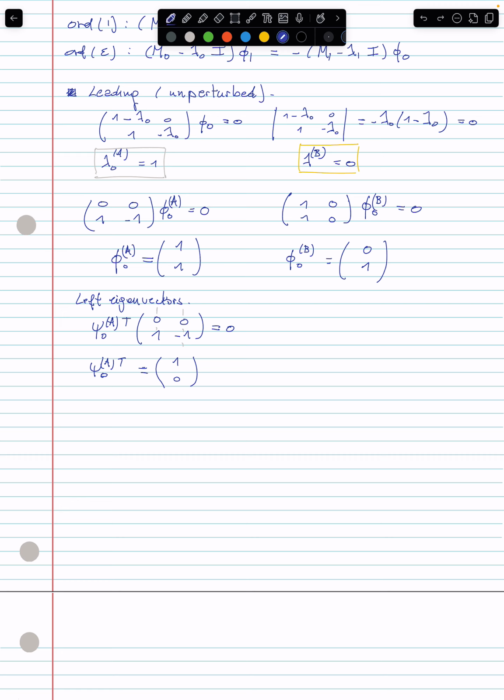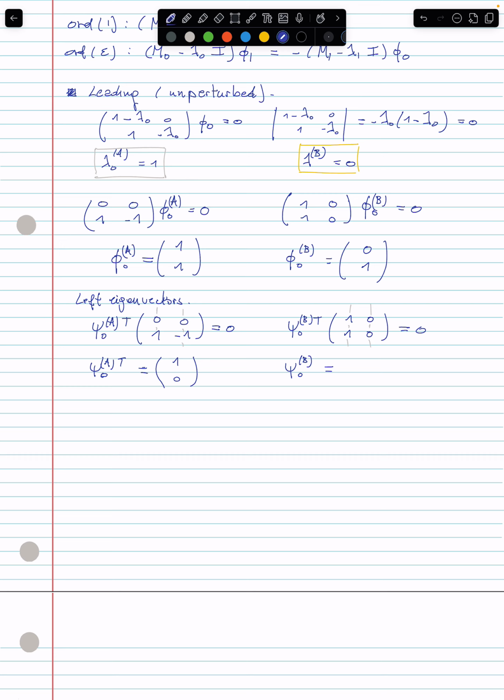And then what we have for the second, psi 0b transposed multiplied by 1, 0, 1, 0. All right, this should be equal to 0. And then it means that psi 0b, you see again that no matter, the second column here is completely useless, so we need to use the first column.